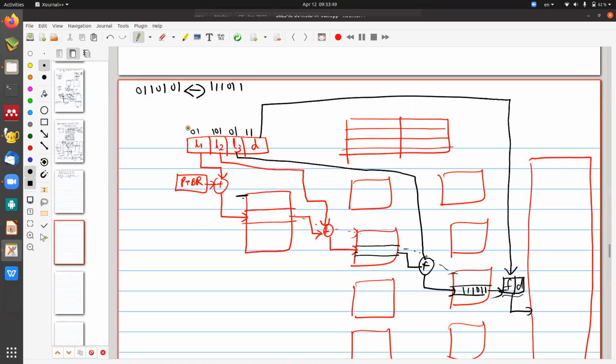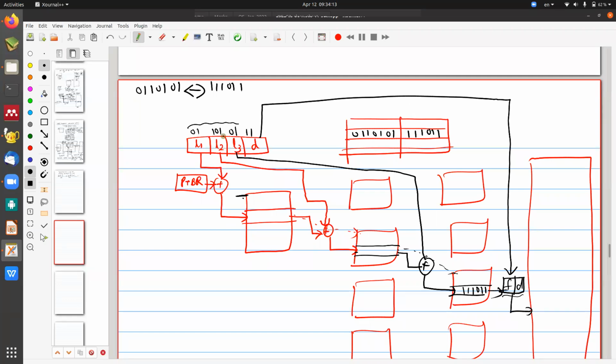Why? This is my page number or not? This page number's frame address, what did we get? 111011, and once you got it here, can I update it here? Then this page number's frame number is what?